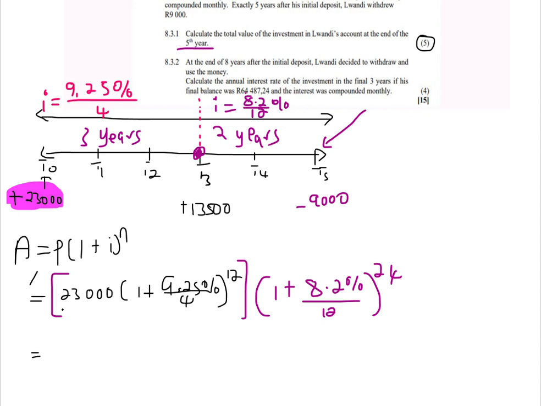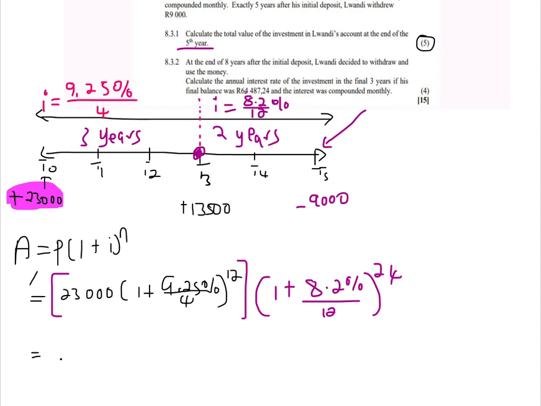So this is 23,000. I'm just quickly going to punch that on the calculator. And that gives me 35,000.